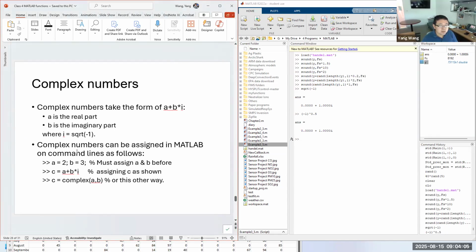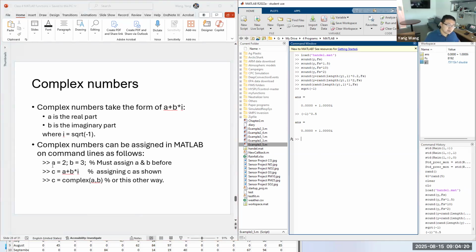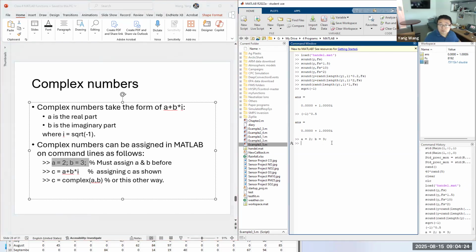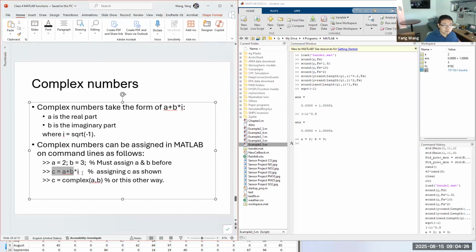So the complex number can be assigned in MATLAB on the command line as follows: a equal to 2, b equal to 3, c equals a plus b multiplied by i, right? So let me see. Does it already recognize i? Let's see. Okay, you have a and b.